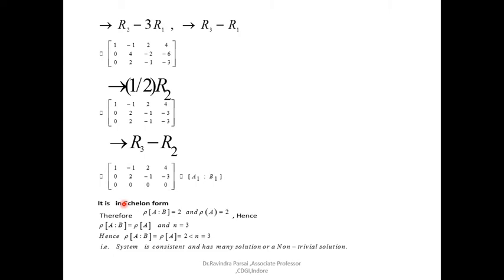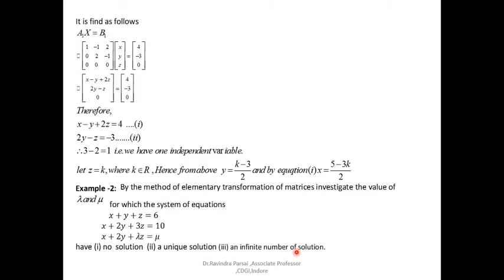Now this is also an echelon form. In this echelon form the number of non-zero rows is 2 and the rank of the coefficient matrix is also 2, so both are equal. But since the number of unknowns is 3, the rank is less than the number of unknowns. So in such a case the system has many solutions, or we can say a non-trivial solution. It is your third category.